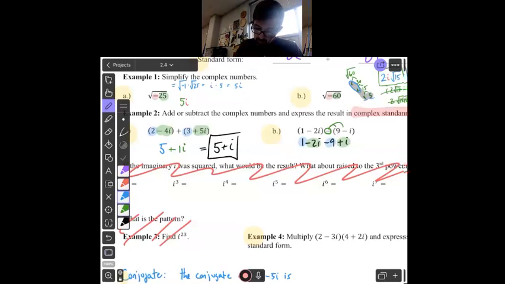So 1 minus 9 being negative 8, and negative 2i plus i being negative 1i, which we would just write as negative 8 minus i.